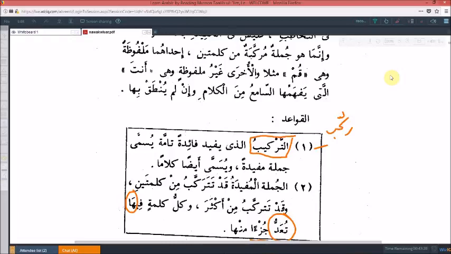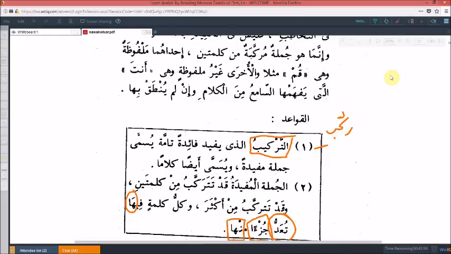The Quran has 30 ajza, 30 parts. So every word is considered a part of that sentence. And then we're going to look at every word so we make sure that we pronounce it correctly.